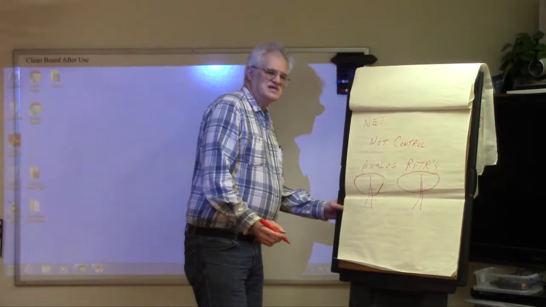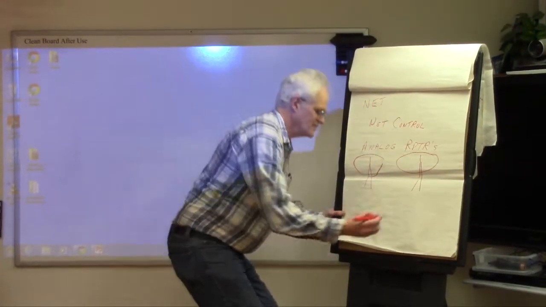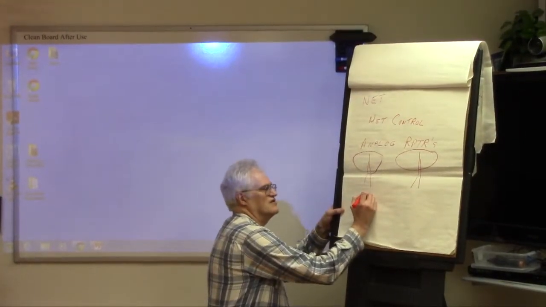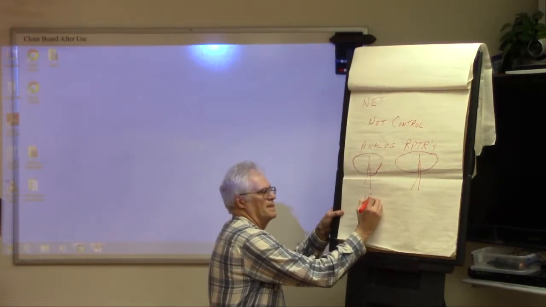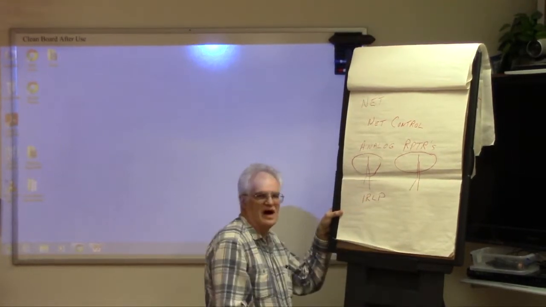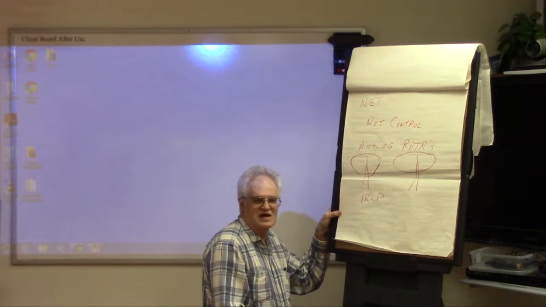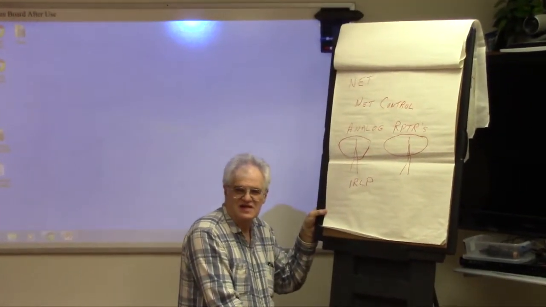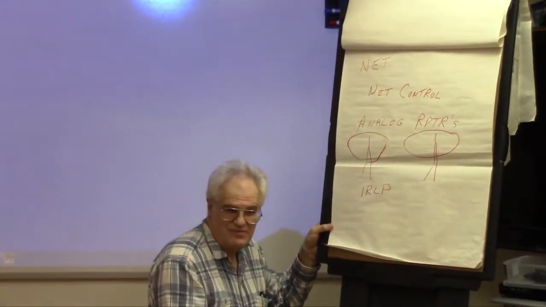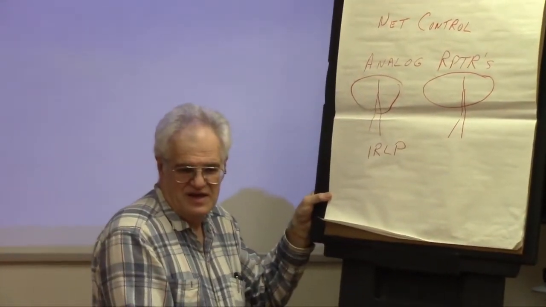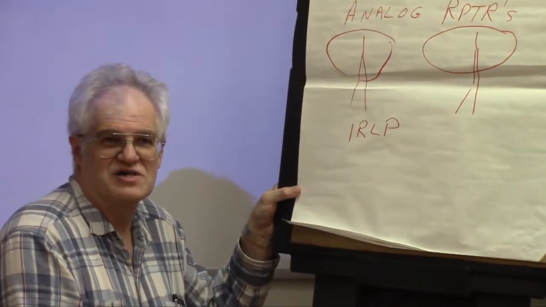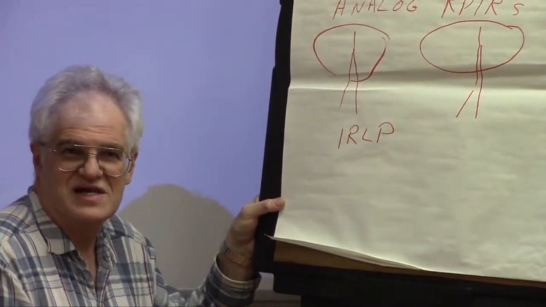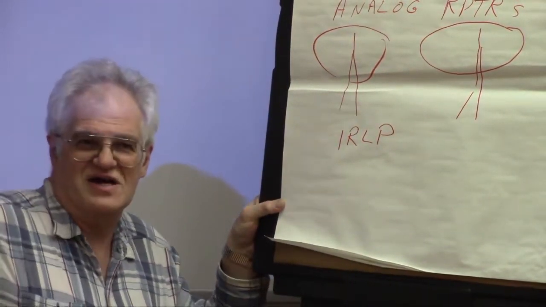Some of the common schemes right now, you've heard of IRLP, the Internet Relay Linking Project. That was actually developed in Canada, in BC, by a man by the name of Dave Cameron. They used that to link a bunch of mountaintop repeaters in BC to each other, which gives them excellent coverage over there.